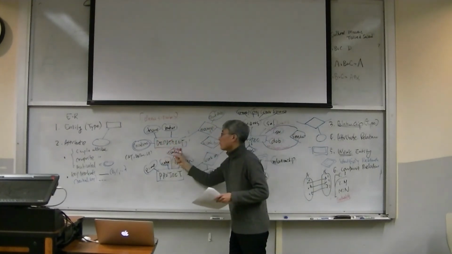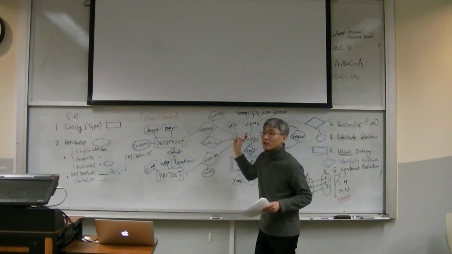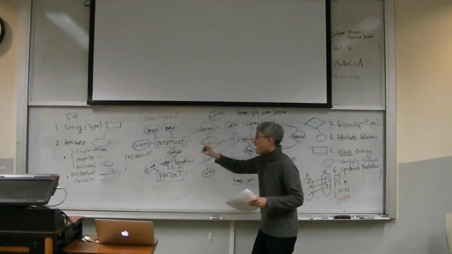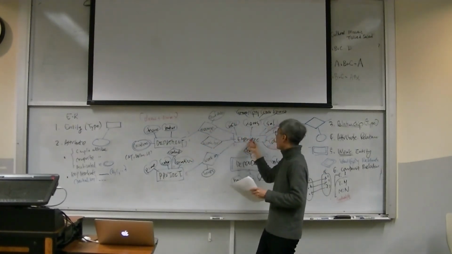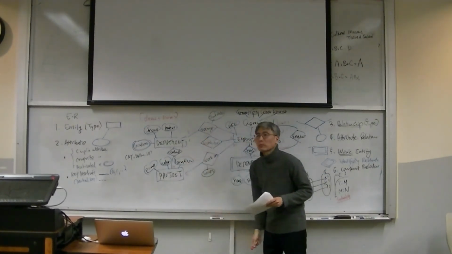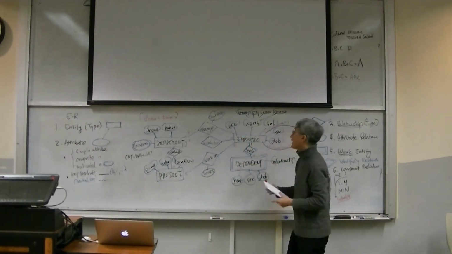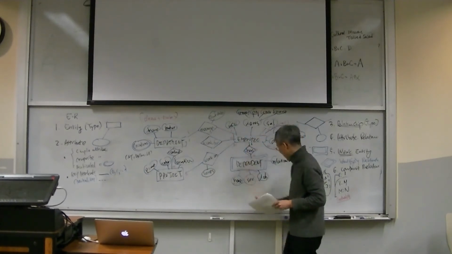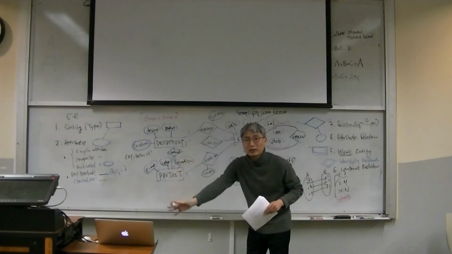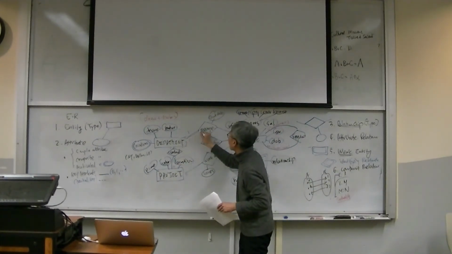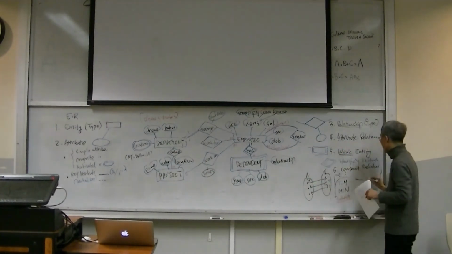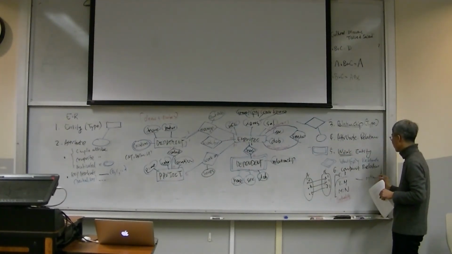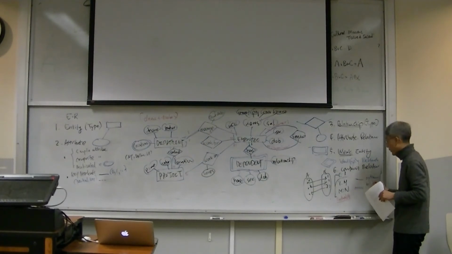However, each department must have a manager. Yes, each department has at least one manager, but an employee is not required to be a manager. In case of optional, we can use a single line. However, if it is required, like for example the manager, we can use a double line. So a single line is optional participation, and a double line is mandatory participation.